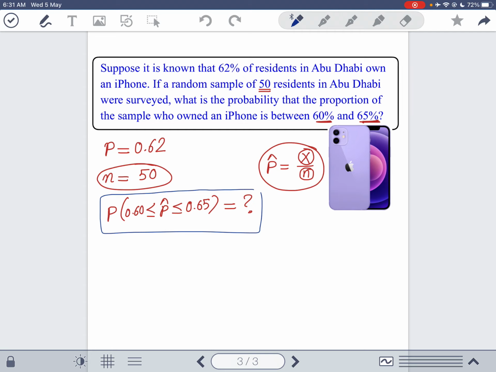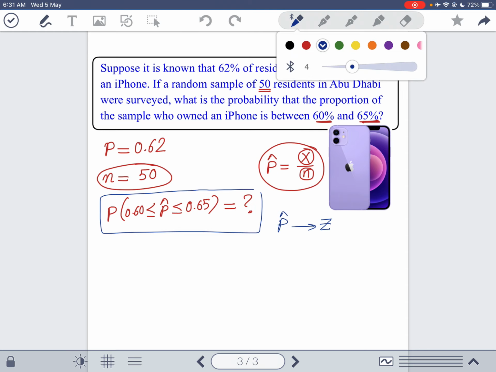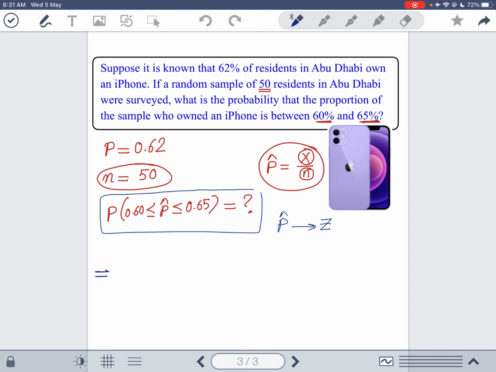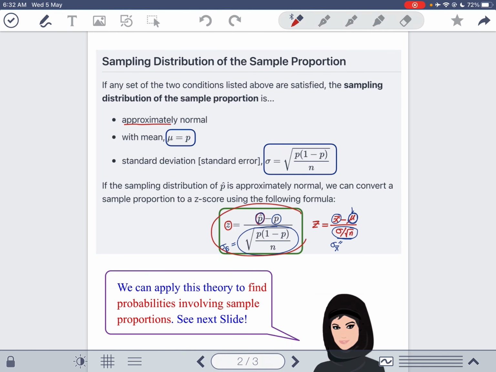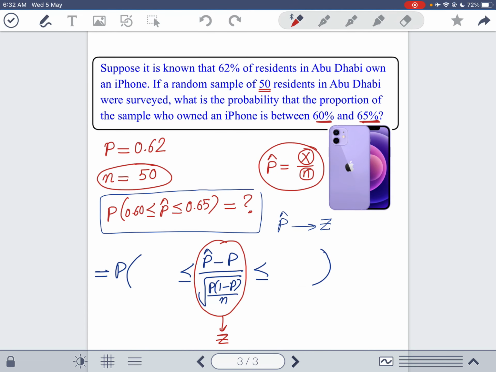So first, how would we find it? You just go from p hat to the z score. So how do we do this? This will be the probability, and you will do p hat minus p over radical p times 1 minus p over n. This is your z score here, and I got this formula just from the previous slide. And you want to do this computation, so you'll get 0.60 minus, now what is p?